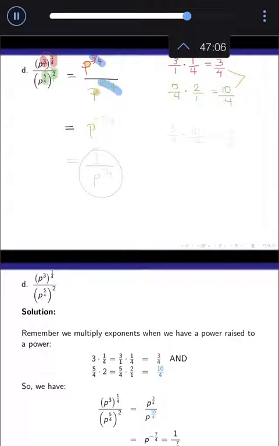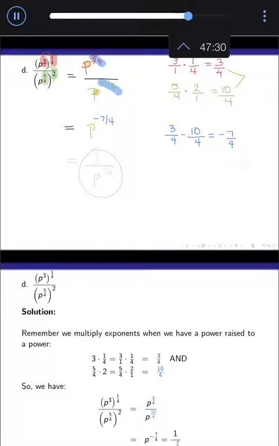So it'll be a 3/4 minus a 10/4. And again, I didn't reduce the 10/4, so I actually do have a common denominator, which is a good thing in my favor. So 3/4 minus 10/4 gives me negative 7/4. That's my exponent on my P, negative 7/4.